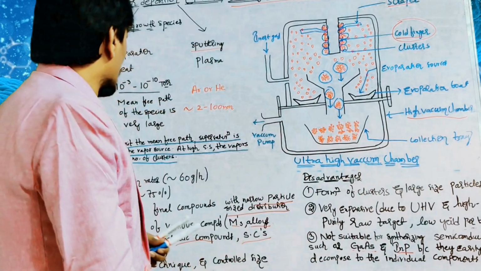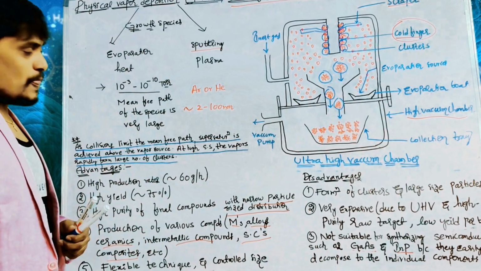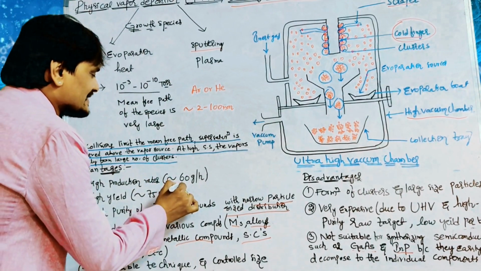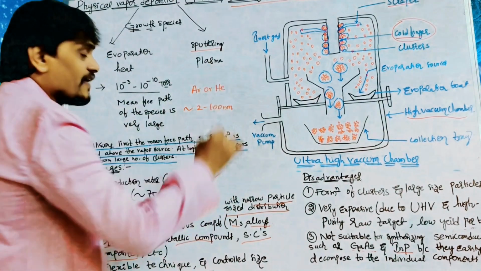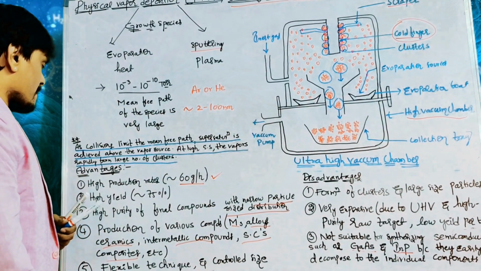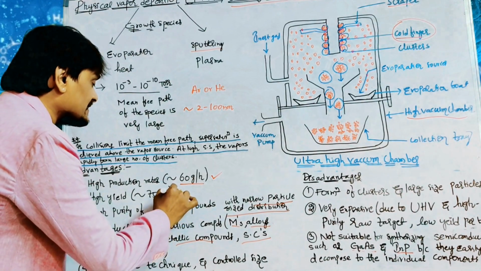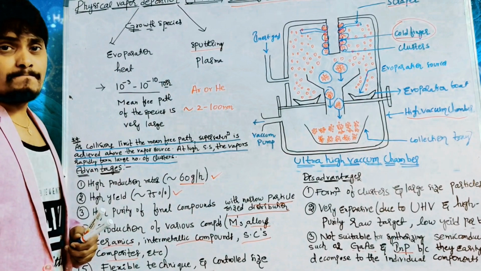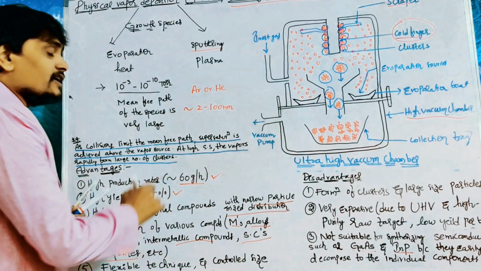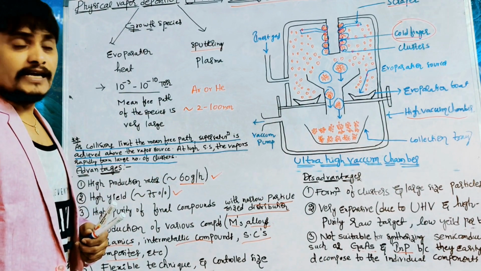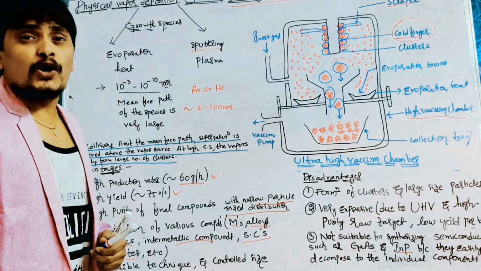So the advantages are high production rates, approximately 60 grams per hour, and high yield, approximately 75%. High purity of the final product, that is, highly pure nanoparticles are going to be produced.